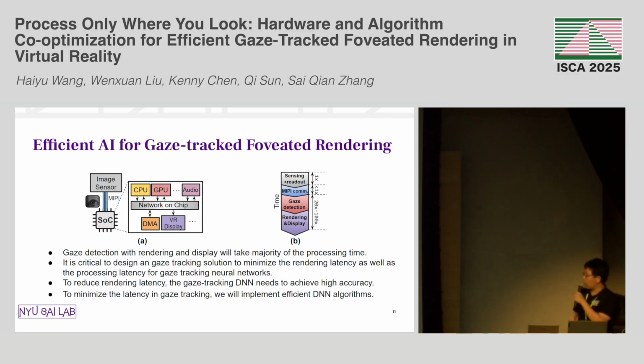So if the gaze detection process itself is pretty long, then the entire process is also pretty long, right? And some profiling numbers show that actually the majority of the latency is consumed by gaze detection and rendering plus display. So it's highly necessary to design gaze tracking algorithms with both high accuracy and low latency.